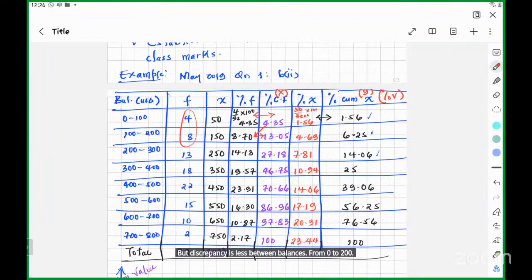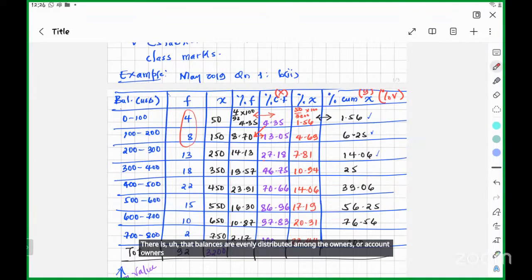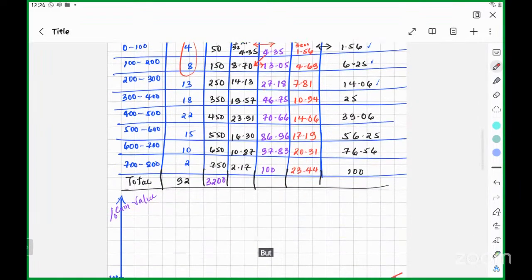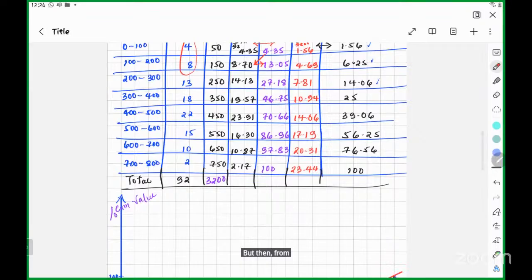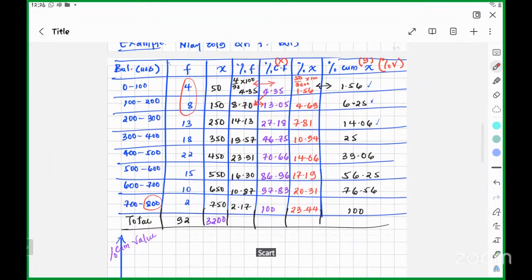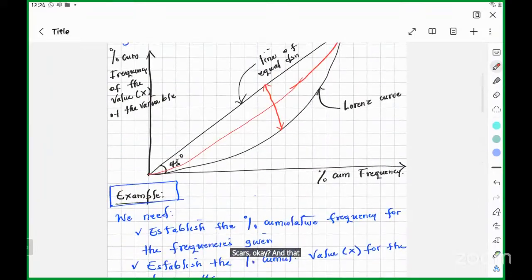Balances from 0 to 200 are evenly distributed among the account owners or card owners. But then from 200 to 800, the balances are widely scattered, okay? And that is picked from our graph right here.